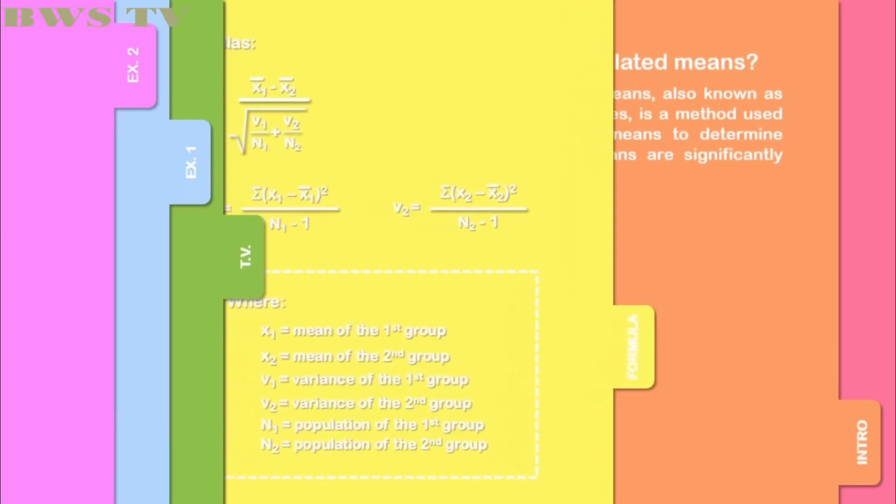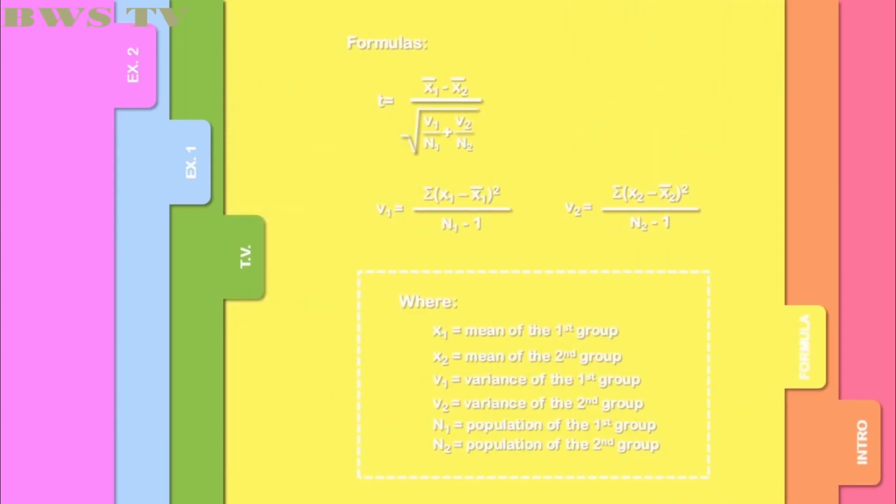The formulas we're going to use for this test are, where x1 is the mean of the first group, x2 is the mean of the second group, v1 is the variance of the first group, v2 is the variance of the second group, n1 is the population of the first group, and n2 is the population of the second group.